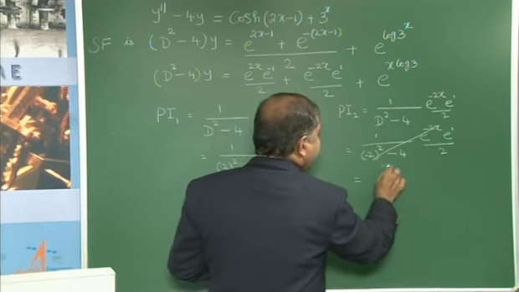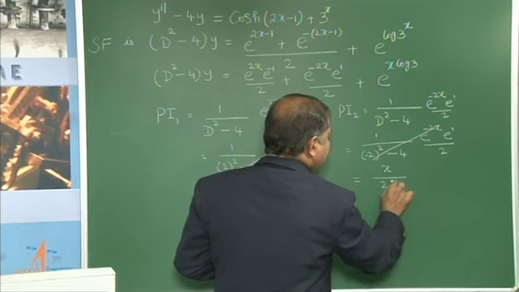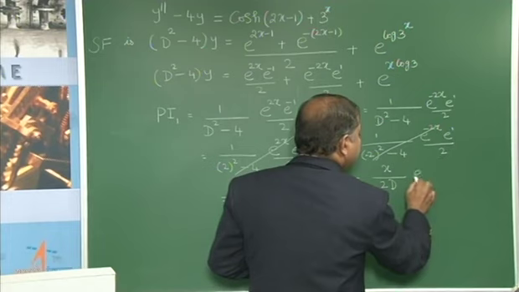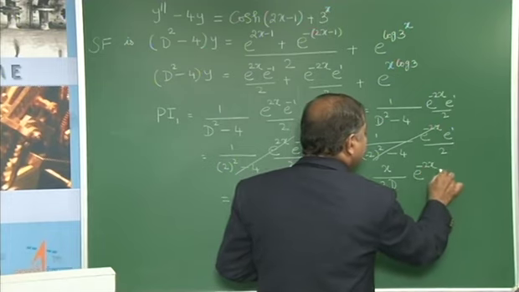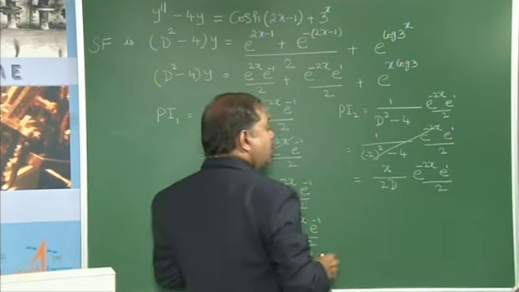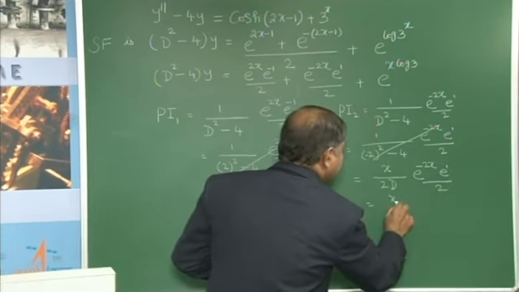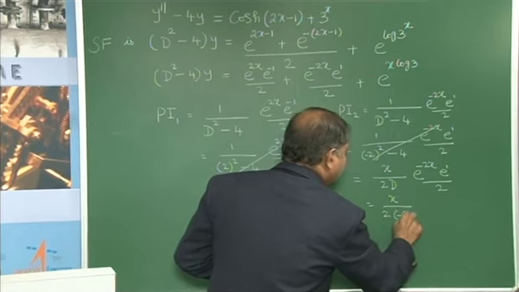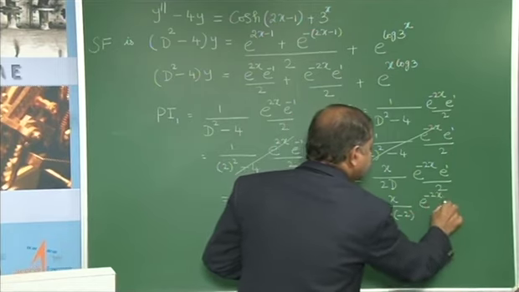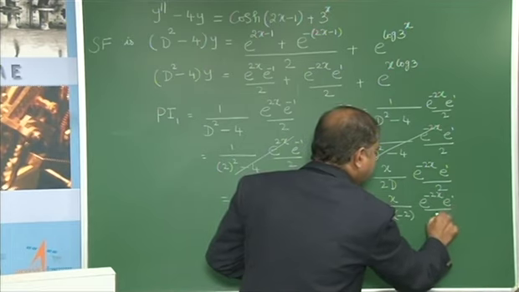Again multiply the numerator by x, differentiate the denominator with respect to D, so 2D, e power minus 2x e power 1 by 2. Now replace D by minus 2, so 2 into minus 2.